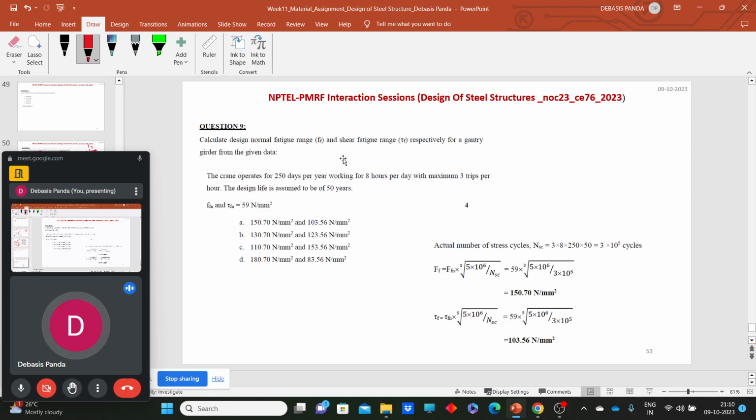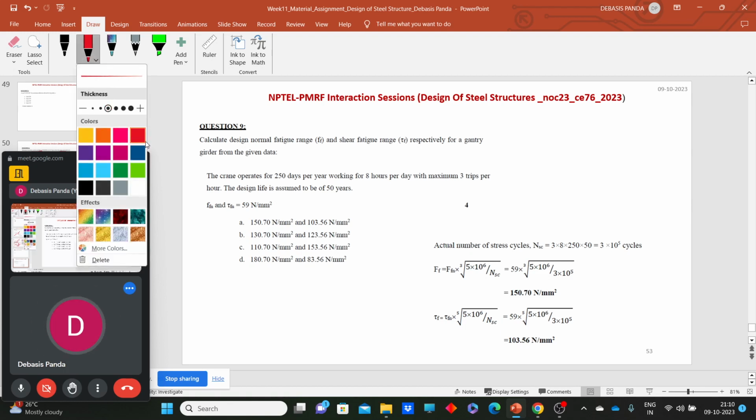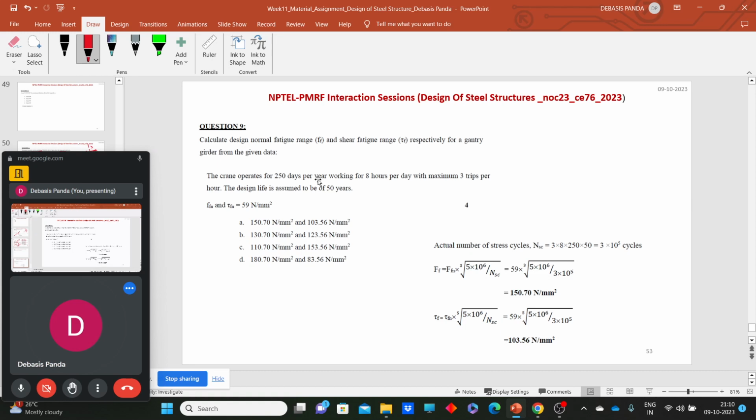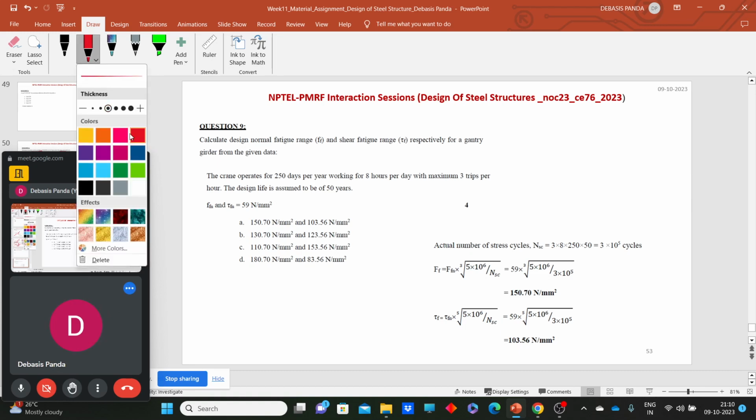Now calculate the normal fatigue range and shear fatigue range respectively for a gantry girder for the given data. So how can we calculate the fatigue strength? Fatigue range, we have formulas for it.